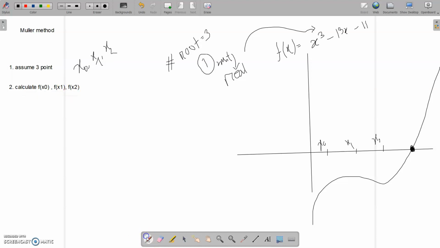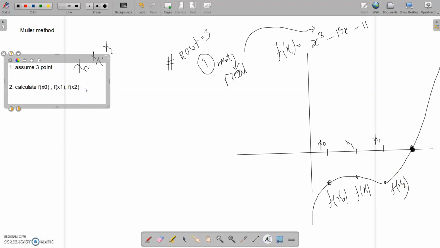That means this is my function, and I want to find the value of the function at these 3 points. So this is f of x0, then this is f of x1, and this is my f of x2. So the second step is done.